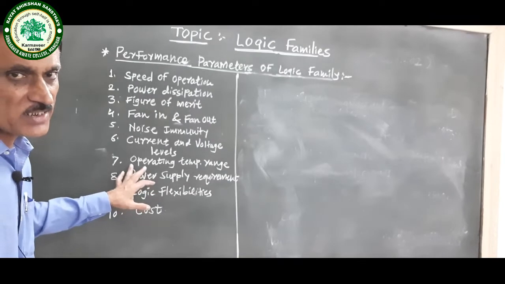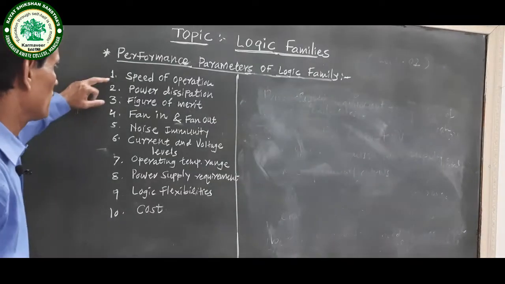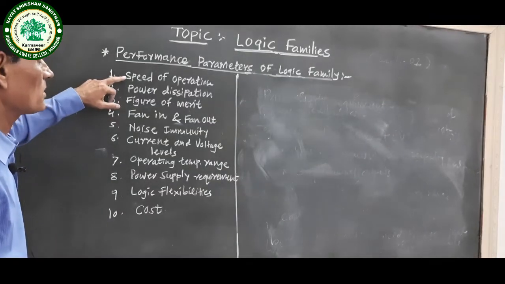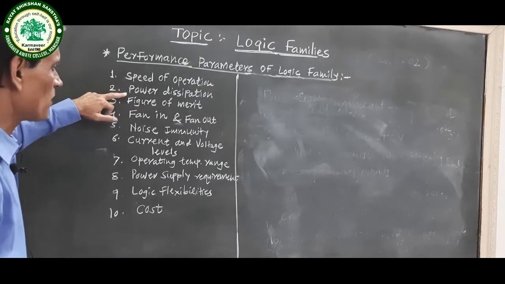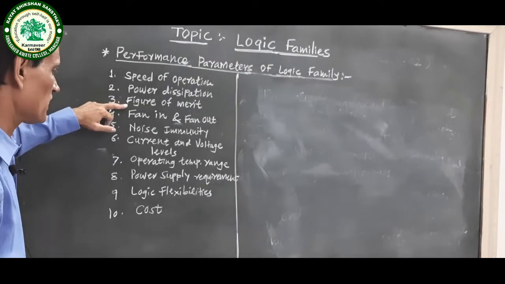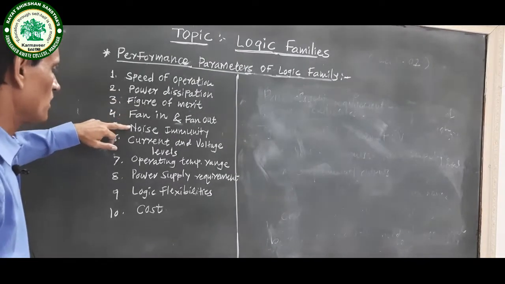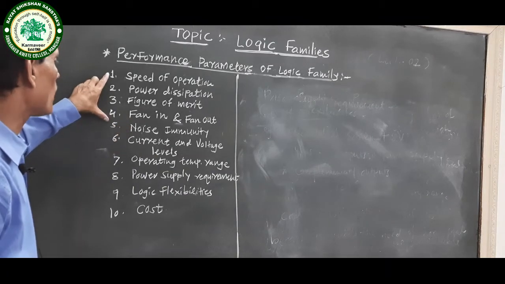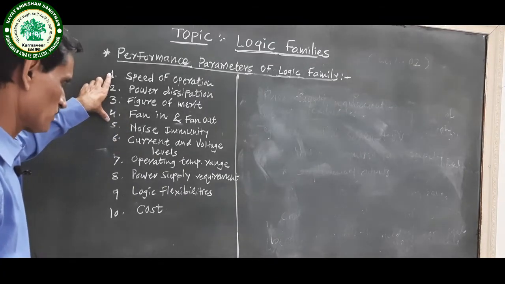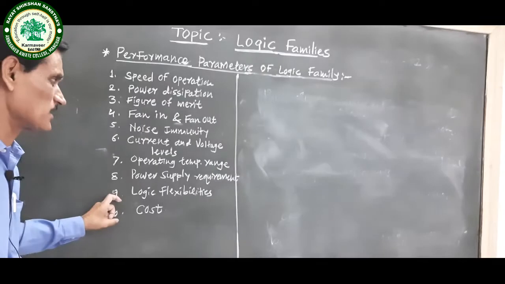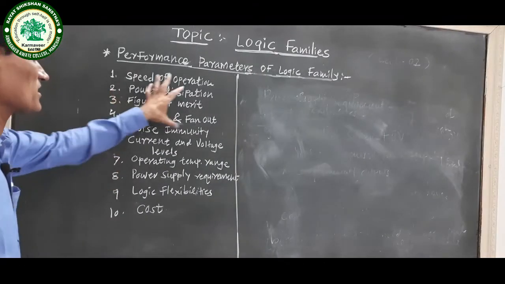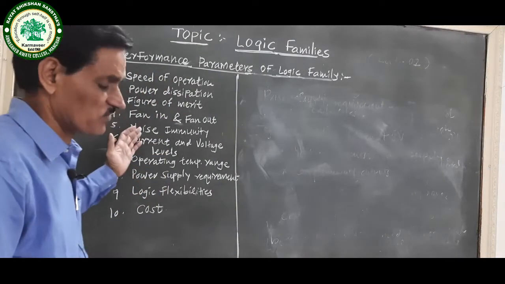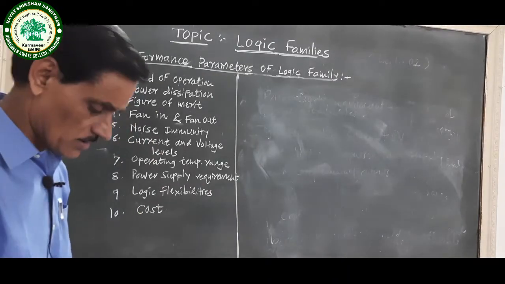As far as examination is concerned, according to my view, speed of operation, power dissipation, figure of merit, fan in and fan out, and noise immunity all play an important role. The remaining are also important to consider, but from the exam point of view, you prepare the first 5 to 6 parameters.